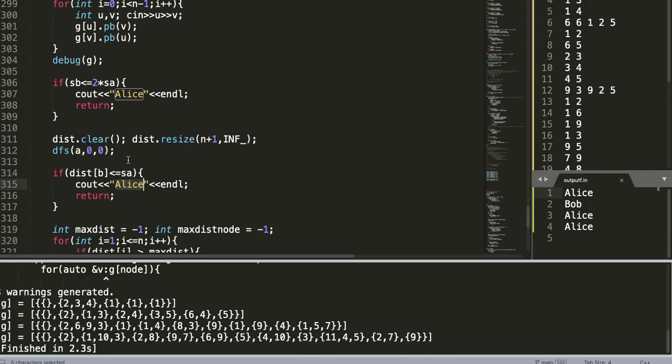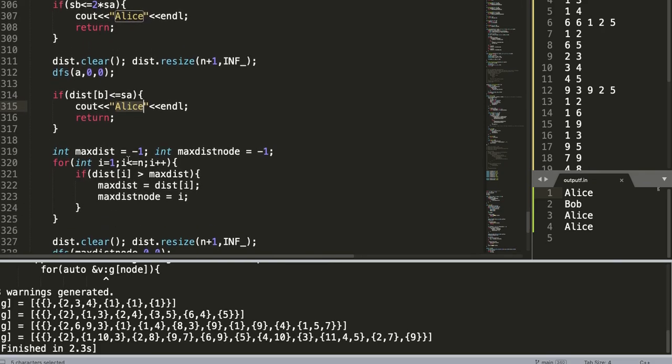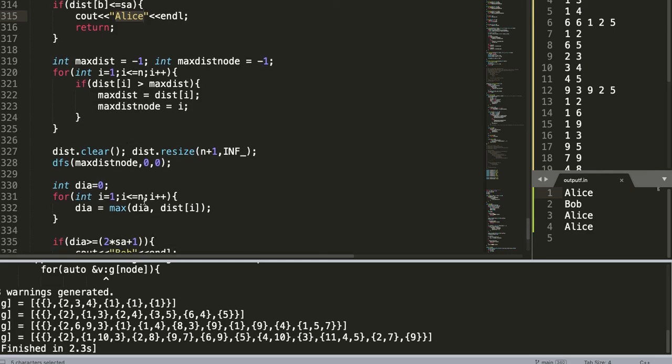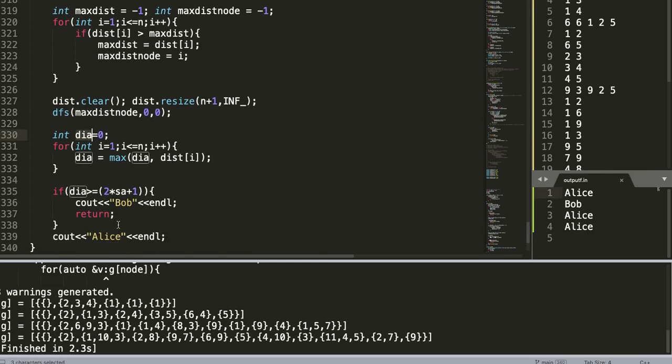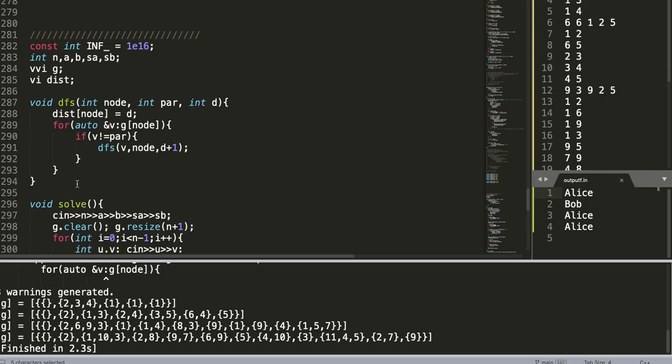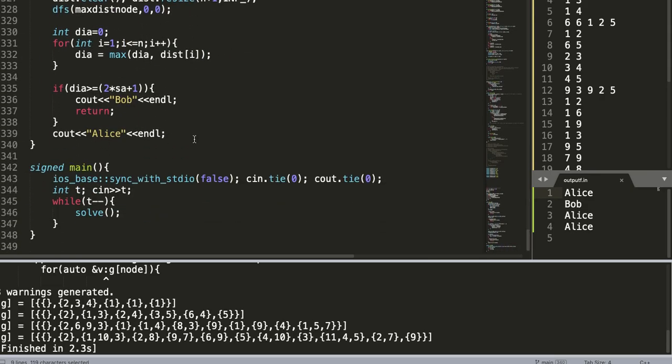Once this is handled, we'll see the diameter of the tree. If the diameter of the tree is greater than or equal to 2 times SA plus 1, only then would Bob be able to win, otherwise Alice would win. This is a simple DFS. This is the solution.